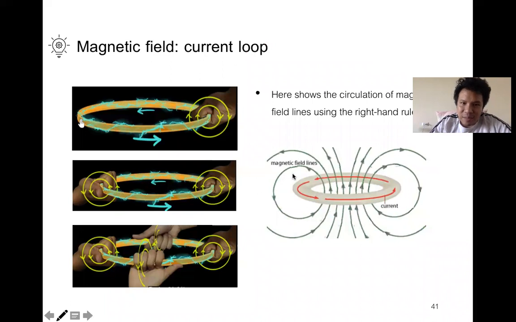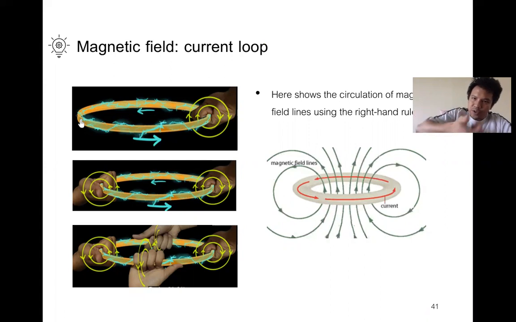This is the picture that I'm going to show you, like the current loop. Using the right hand rule again, this demonstrates how to determine the direction of the current loop. If you use your thumb to point in the same direction as the current, you will always see that the magnetic field in green follows the direction of the rest of your fingers.